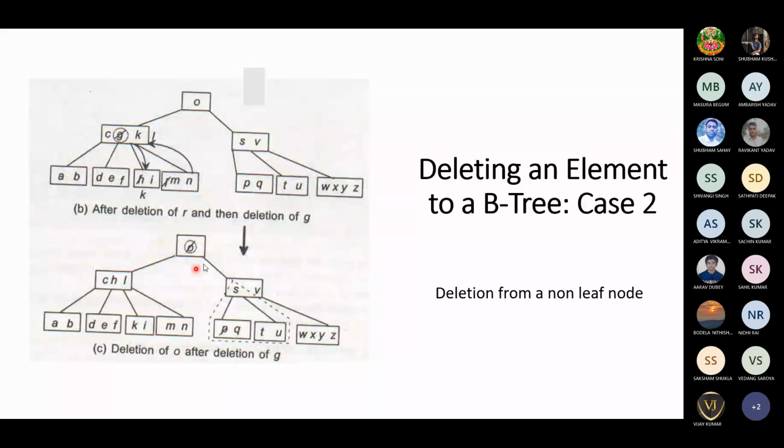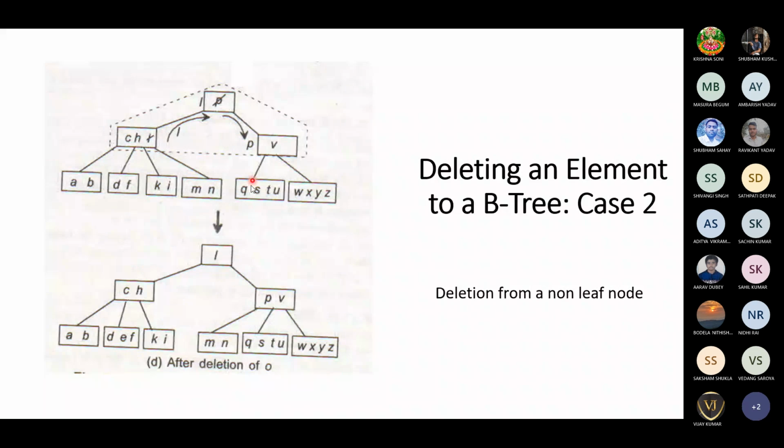The third case is when you're deleting the root node. You should replace this node with the leftmost node of the right subtree, P. P will replace O. When you replace that, Q will be left alone. So you make a combined value QSTU, because this is the only node. You combine all its values. When you do that, CHL again has 3 nodes, V will have only 1 node.